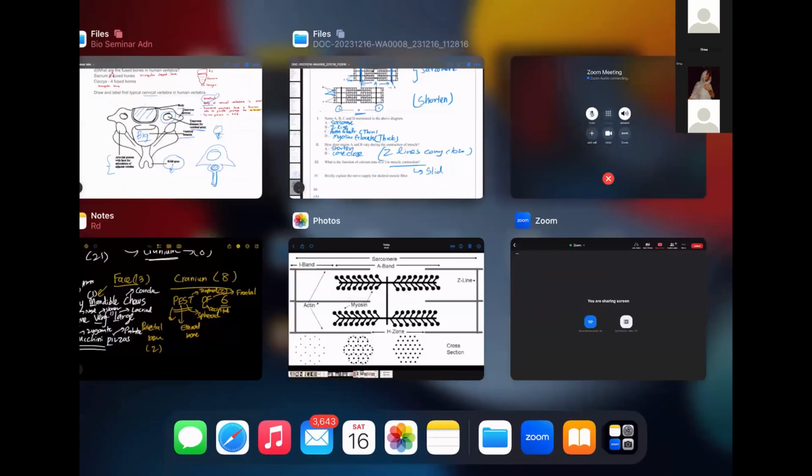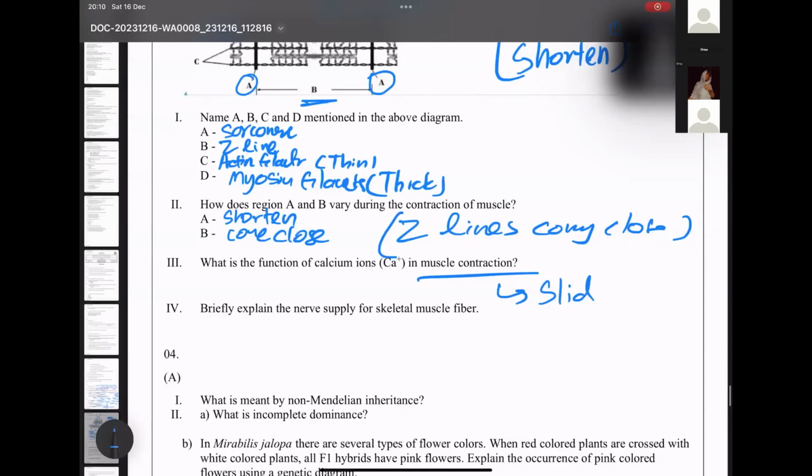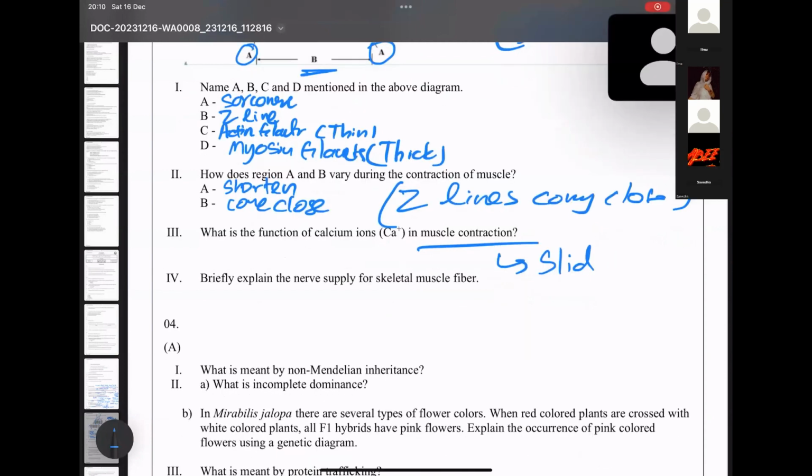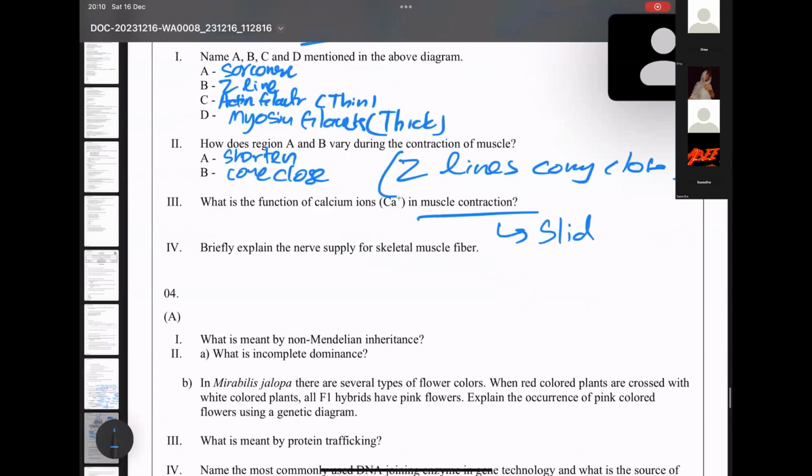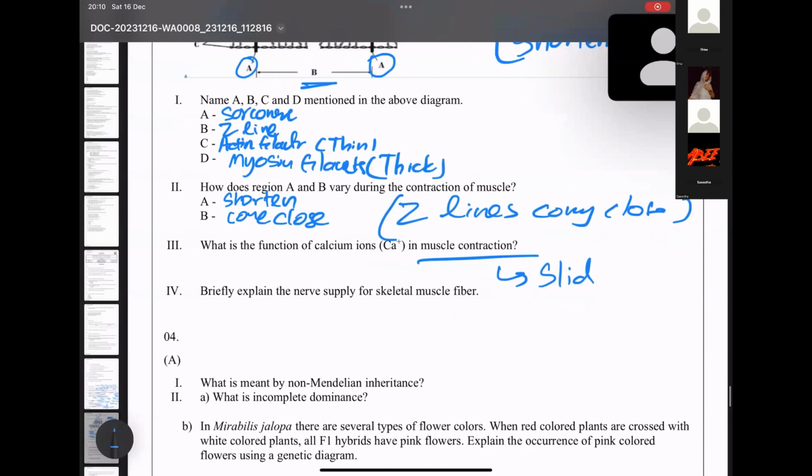Can you all see the diagram? Can someone say whether you all can see the screen clearly? Wait.